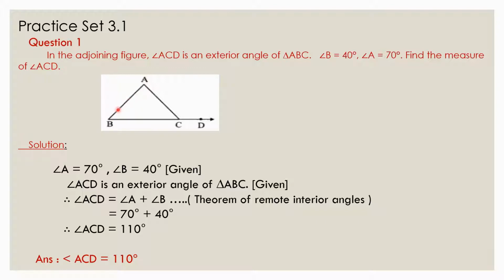You have already studied the theorem of remote interior angles. Therefore, angle ACD is equal to angle A plus angle B. That is equal to 70 plus 40 is equal to 110 degrees. Therefore, angle ACD is equal to 110 degrees.